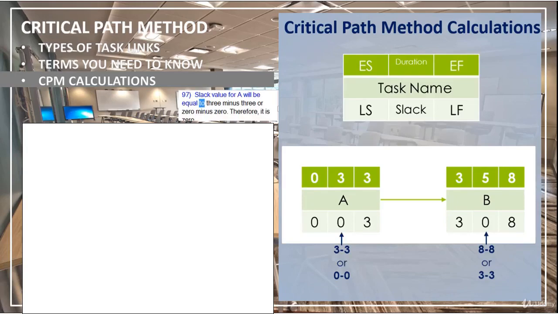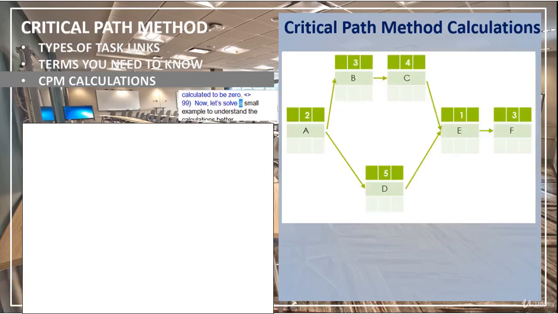Slack value for A will be equal to 3 minus 3 or 0 minus 0. Therefore, it is 0. Similarly, the slack value of B will be equal to 8 minus 8 or 3 minus 3. This value is therefore calculated to be 0.